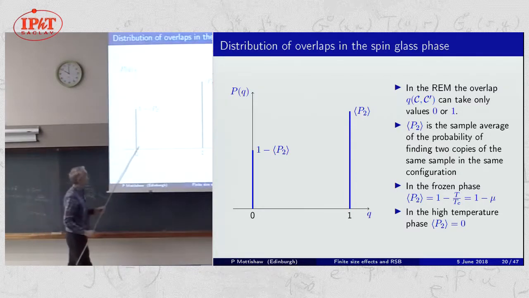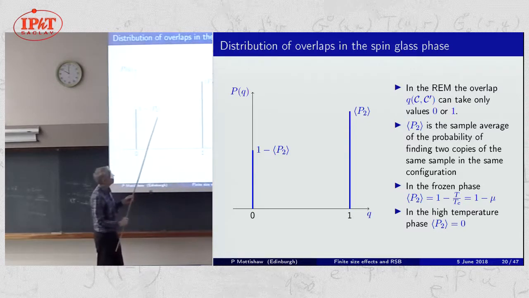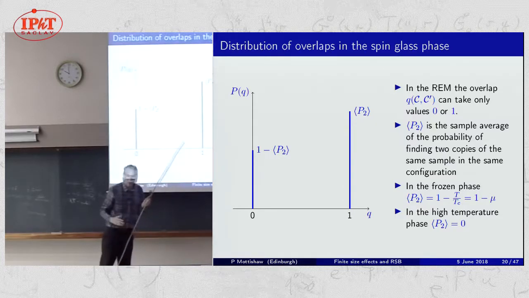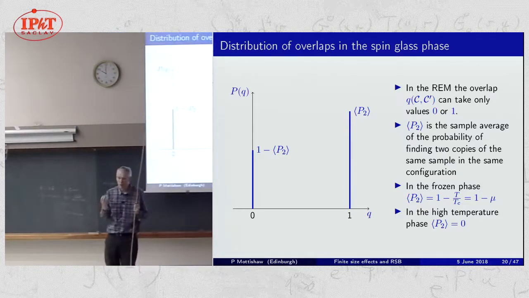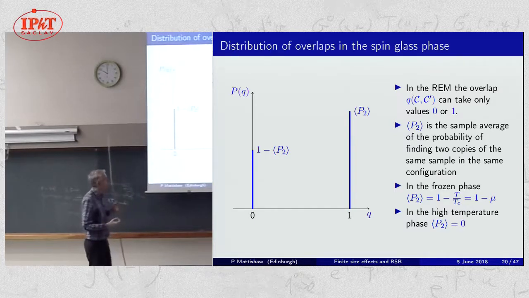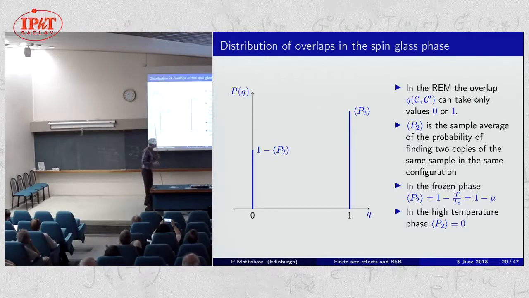And here, the weight of these delta functions is P2, which we define to be the probability of finding two copies of the same sample in the same state. So it gives you a very simple picture, but if you looked at something like the Potts model in 3 dimensions with, I think, next nearest neighbor coupling as well, it basically is of this form. So this is telling you quite a lot about how a spin glass would behave.